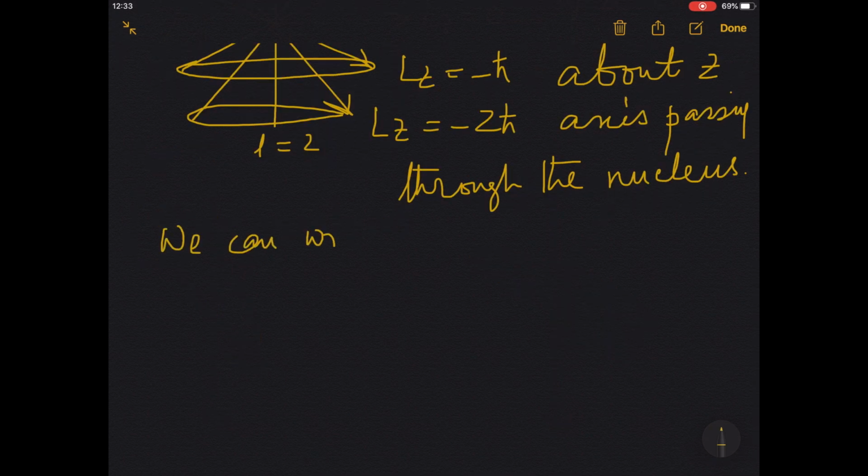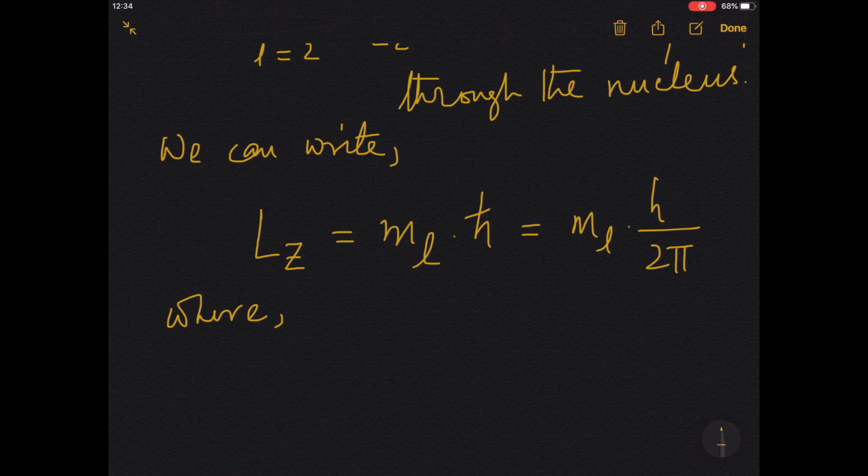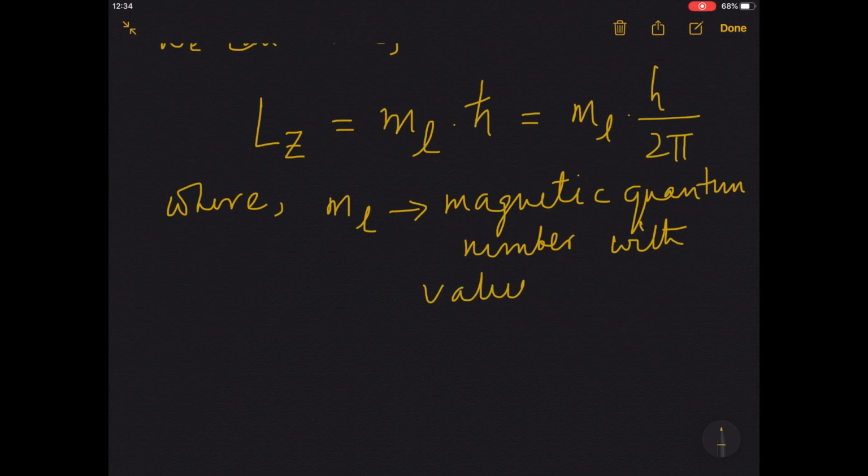So we can write the z component of orbital angular momentum, Lz equal to ml into h by 2 pi, where ml is the magnetic quantum number, which may have 2l plus 1 values ranging from plus L to minus L including 0.